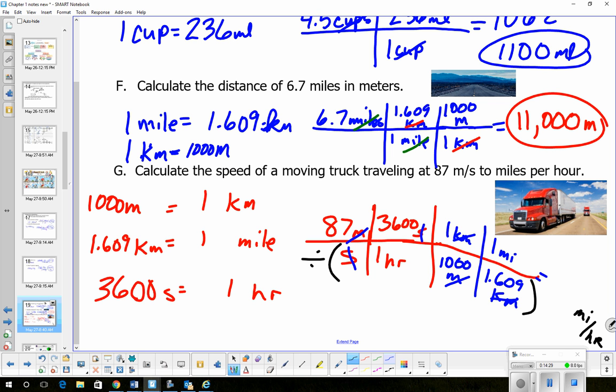Come on, be brave. 87 times 3,600 divided by parentheses. Okay, we got a 3.2 out here. Let's see, I'm putting down an answer. Anybody else got an answer? You got the same one as you. I did it wrong. That's what I was saying. Okay, what do you got? What did you get?